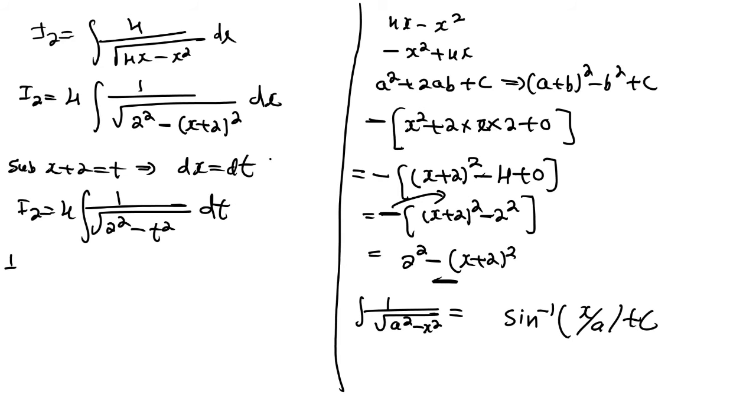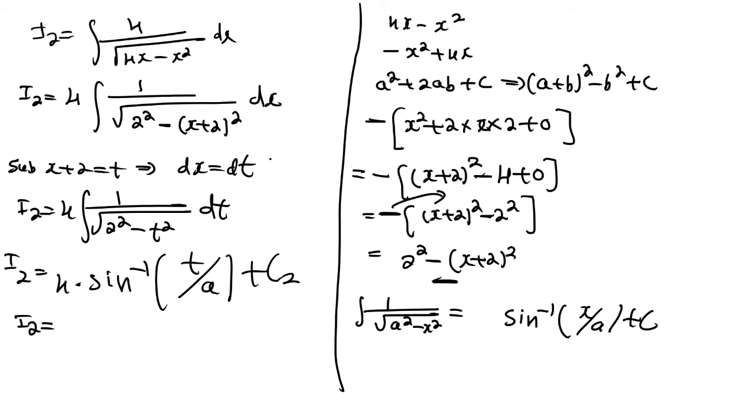So the I2 value is equal to 4 into sine inverse of t by a plus c2. So I2 is equal to 4 into sine inverse of t, and we substituted the t value, which is x plus 2. So x plus 2 divided by the a value, which is 2, plus c2.